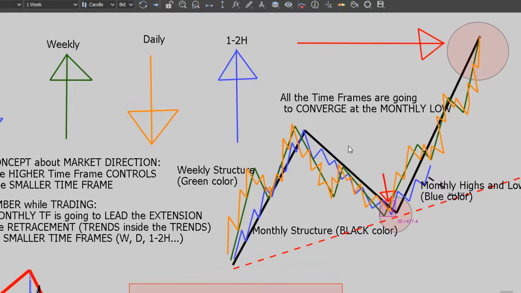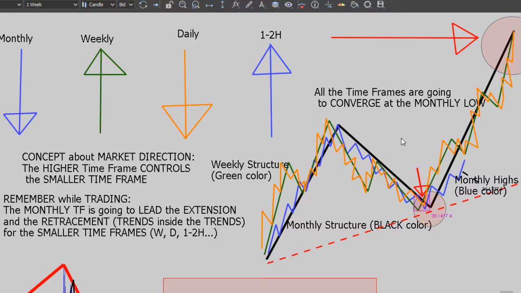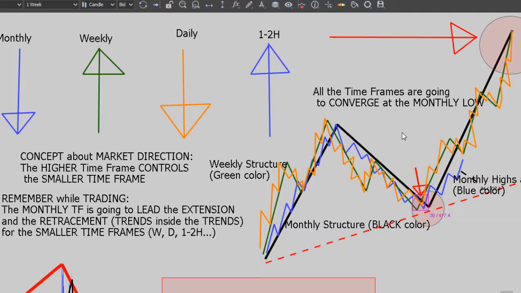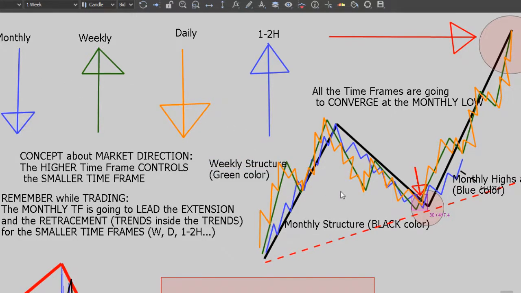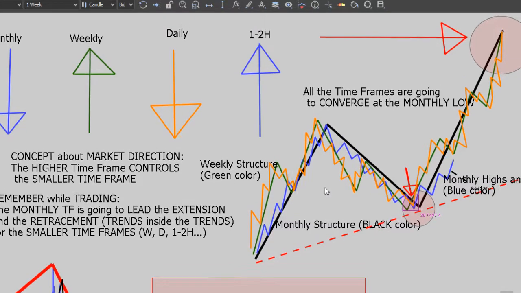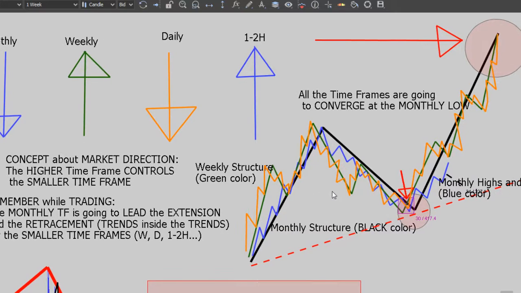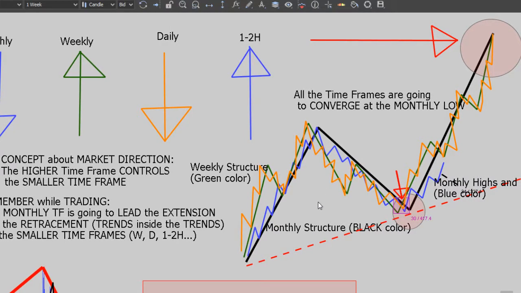Now, of course, you need to train this, and it's a little bit confusing because we were talking about what to trade, right? Should we trade the daily chart, or the weekly chart, or the monthly chart? And until now, you have on the same currency pair at the same exact time, structural uptrend from the monthly.